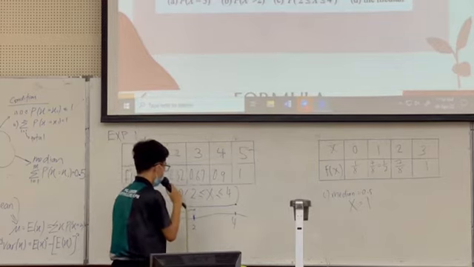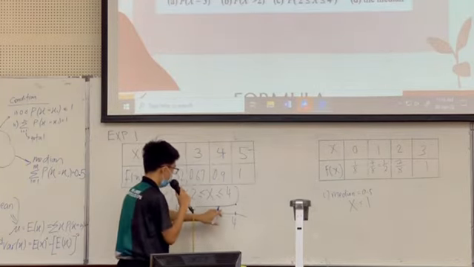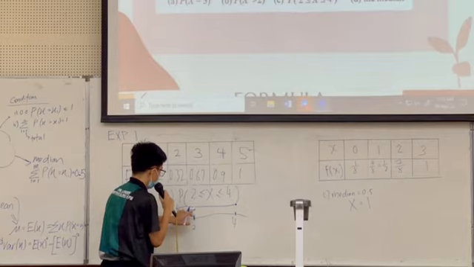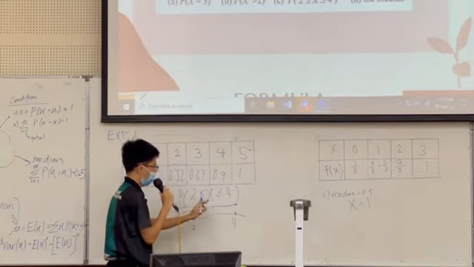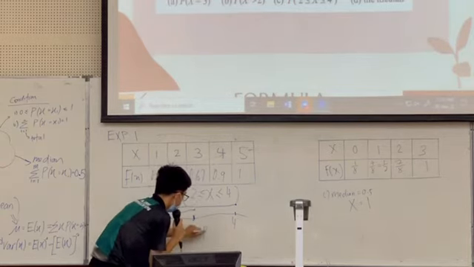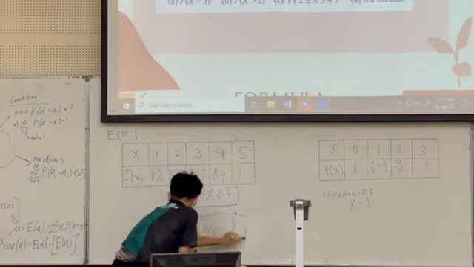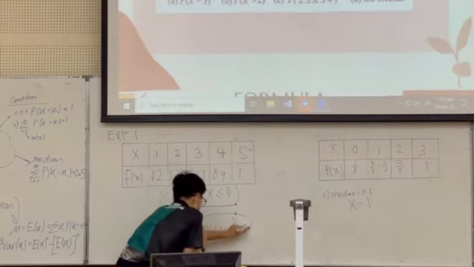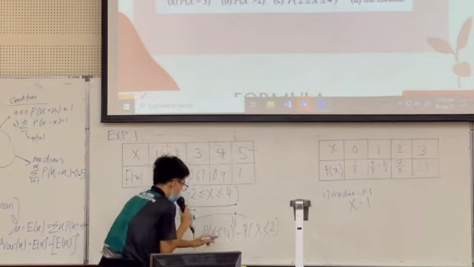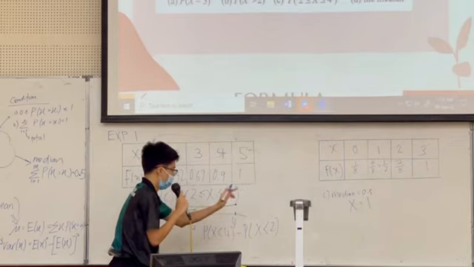Okay, so we want to find the value between 2 and 4. So it means that this value we want to get, and minus the not included 2, because we want to include 4 in our answer. So how to do it is P(X ≤ 4) minus P(X < 2). We know that P(X < 2) is equal to P(X ≤ 1).